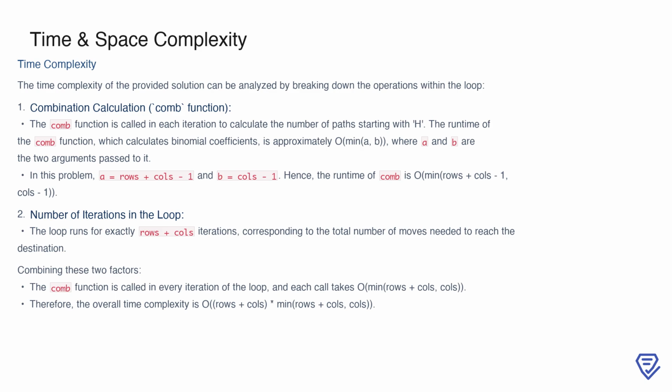In our specific case, this translates to O(min(rows + cols, cols)). Next, the loop itself runs for exactly rows + cols iterations, as we are constructing a path with this total number of moves. When we combine these factors, the time complexity of the solution becomes O((rows + cols) * min(rows + cols, cols)), since the comb function is called once per iteration of the loop. This gives us an efficient way to determine the kth smallest path without generating all possible paths explicitly.